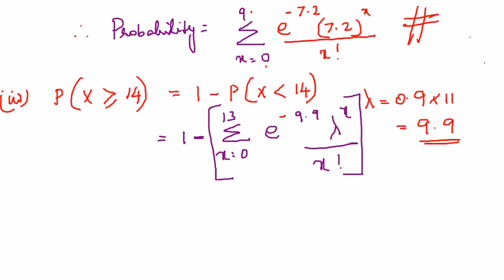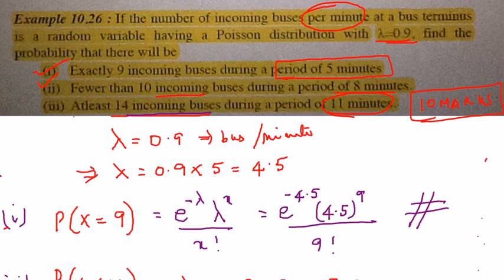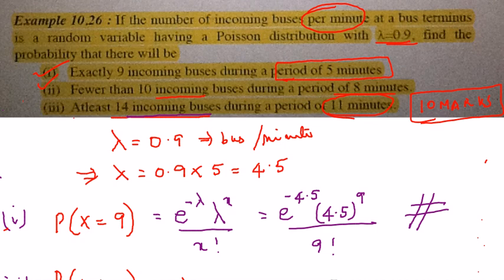So you can just leave the answer at that, because you can't go ahead and solve this whole thing, so you can just leave it as it is. So this will be the answer for the probability that at least 14 incoming buses come during a period of 11 minutes.